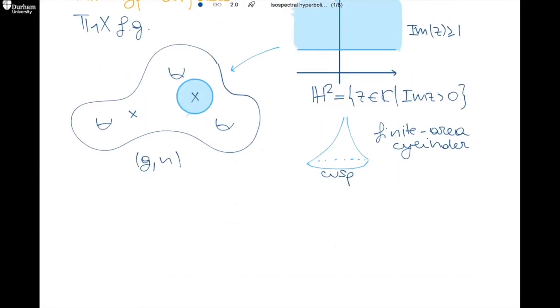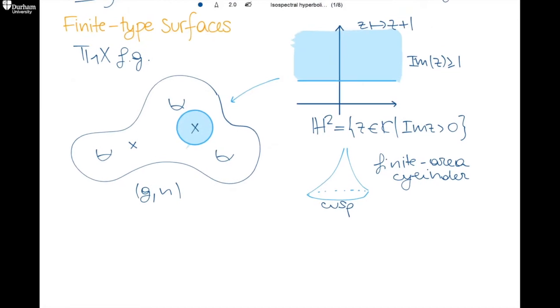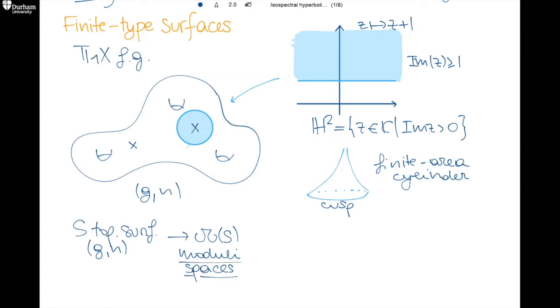Okay, so what's important to know about these, which probably most of you know, but I'm just going to recall it. If I fix S a topological surface of signature (g, n), so with genus g and n points removed, I can look at the moduli space of S, which is just the collection of all hyperbolic surfaces X homeomorphic to S up to isometry.